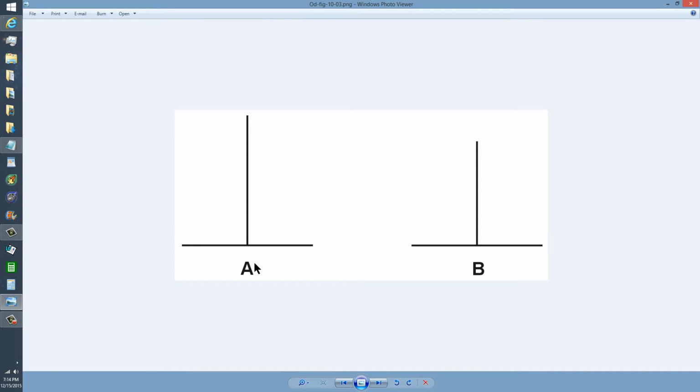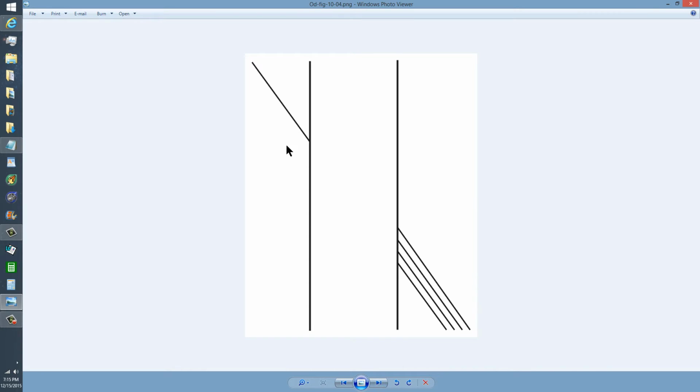Optical illusions. Which line is longer, at A or B, the vertical line or the horizontal line? In which of these two drawings are the two lines the same length? Here you have a line running up against two parallel lines and then four parallel lines on the other side.